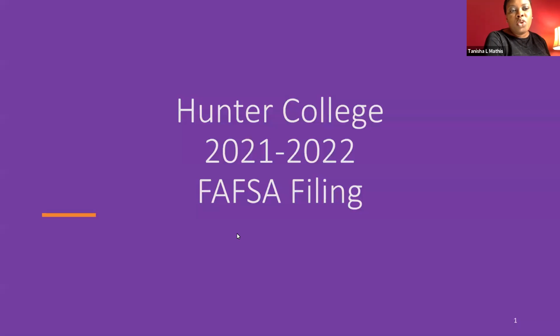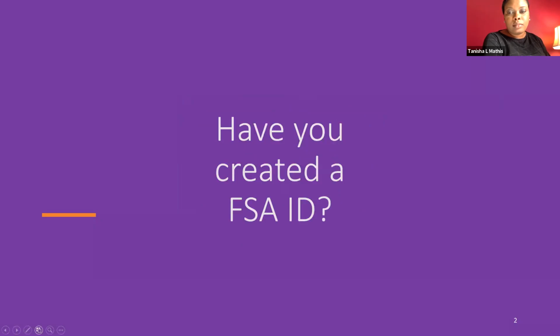Everyone, please make sure you are signed on to studentaid.gov and everyone has an FSA ID already, and please sign into the FAFSA page. Next slide. If you created an FSA ID, please sign in with your FSA ID to prepare to start the application.